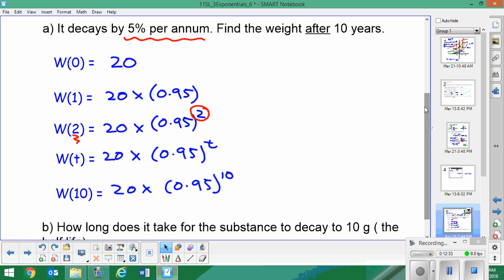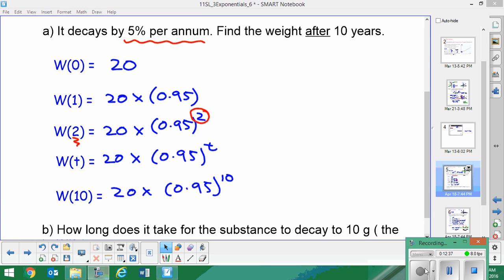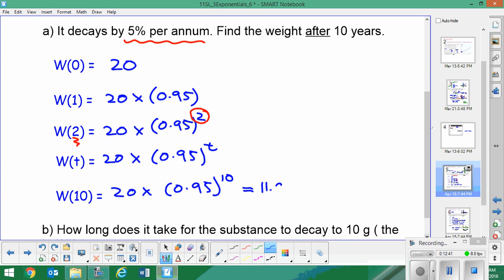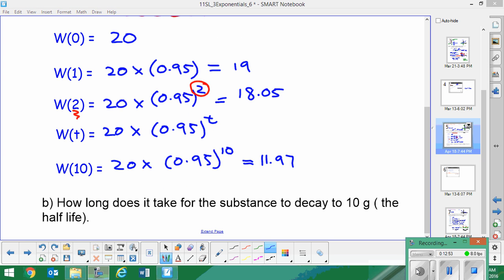All right, pause that for a moment and see. Hopefully you came out with 11.97 for that. And this one, we're coming out at 19 for there. All right, just work those out on the calculator.